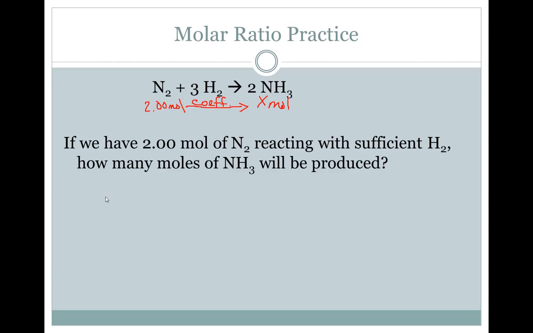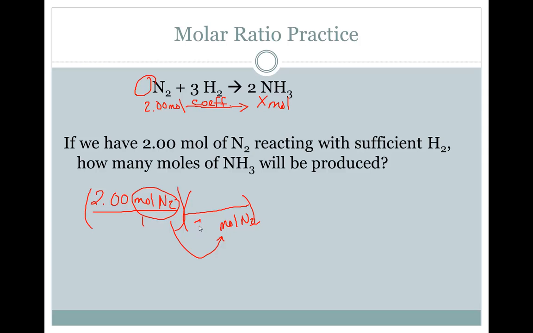Alright, now we know what to use, so we can put it into our dimensional analysis. 2.00 moles of N2 goes over 1. Moles of N2 are on the top, so I'm going to put that on the bottom of the next one. The coefficient for N2 is 1.